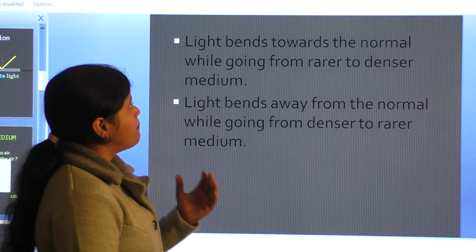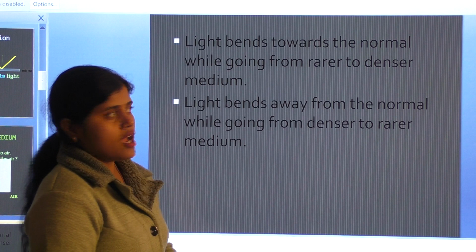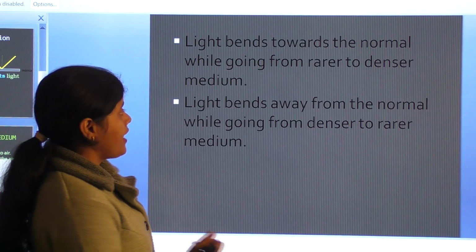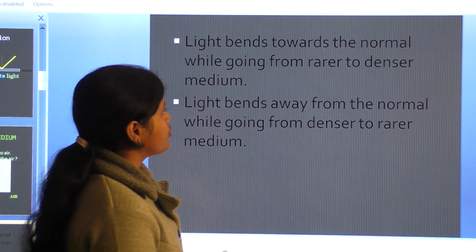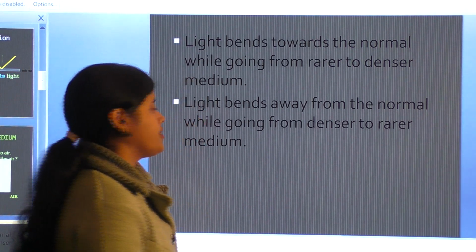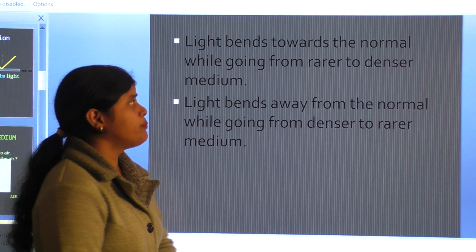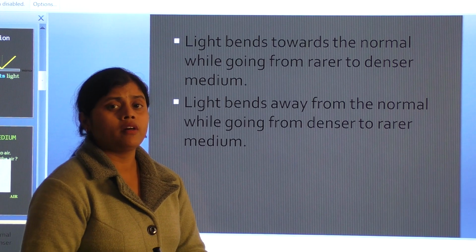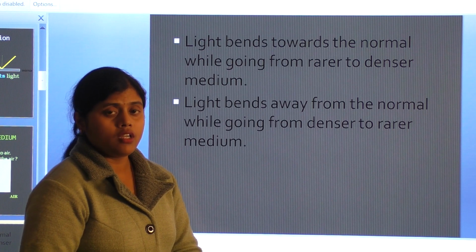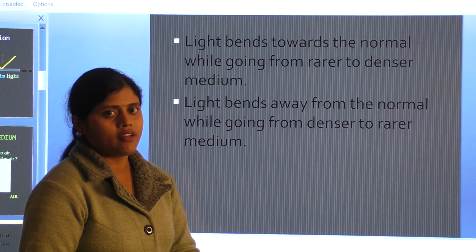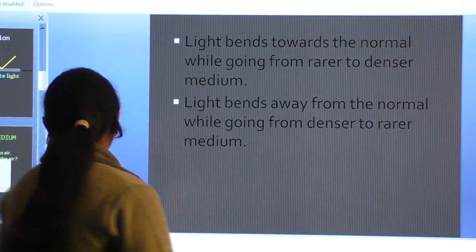And vice versa, it bends away from the normal if it is going from a denser to a rarer medium. So these are the two important points I want you to remember, because these two points play a very vital role in understanding total internal reflection and critical angle.